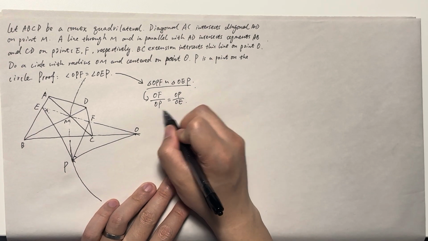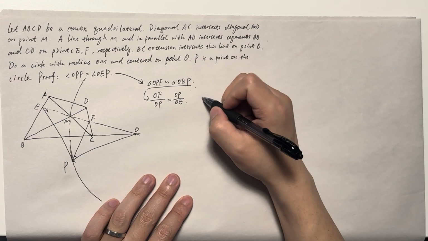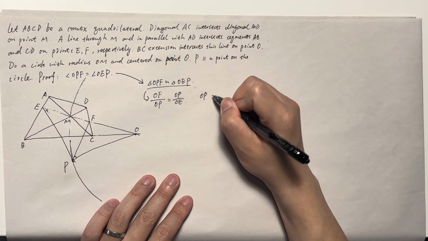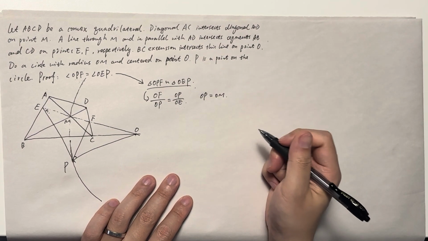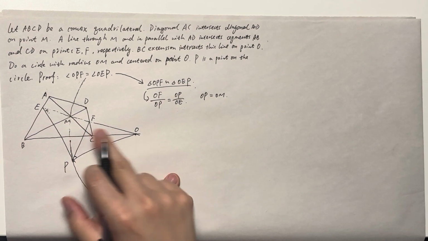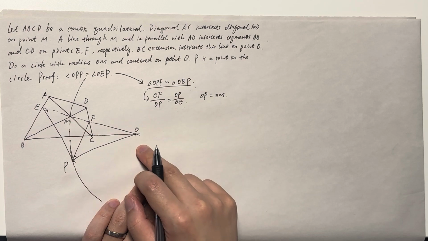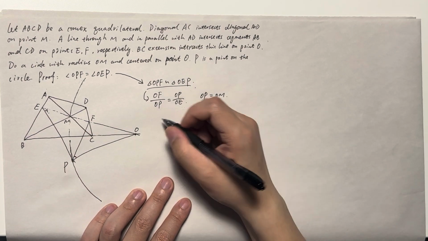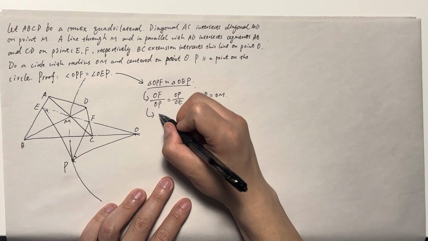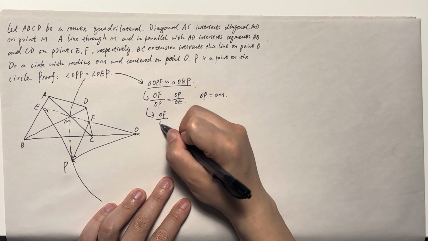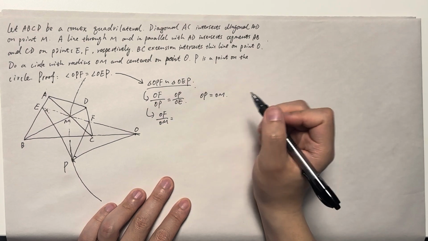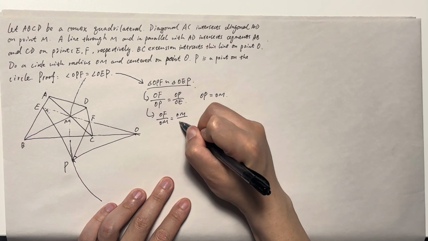We know that OP is a radius and equals the radius OM. So we want to prove that the ratio OF to OM equals the ratio OM to OE.